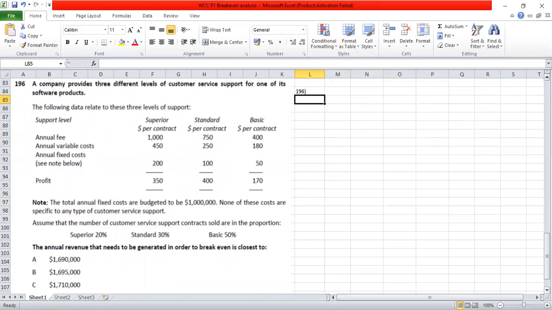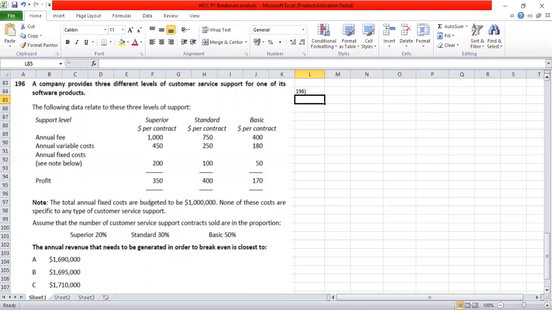A company provides three different levels of customer service support for one of its software products. The following data relate to these three levels of support: superior, standard, and basic, in dollars per contract. We have for these three products annual fee, annual variable cost, annual fixed cost, and then profits.